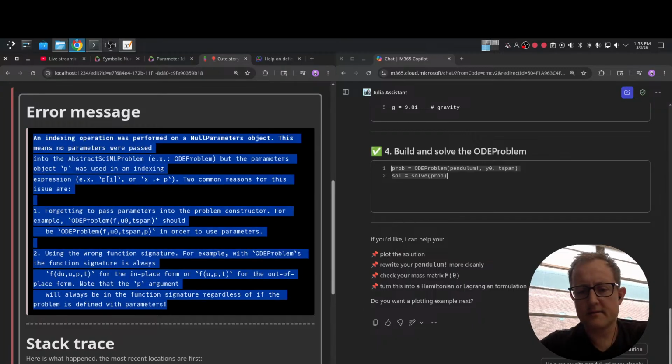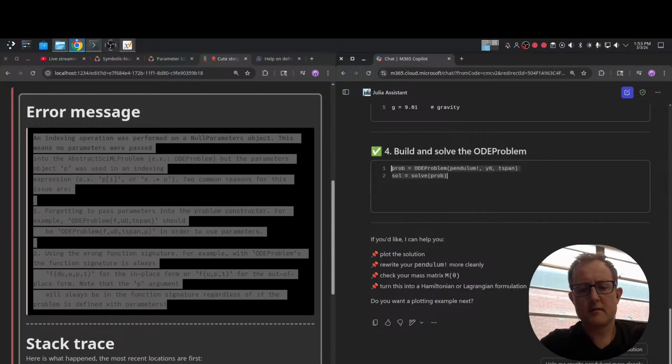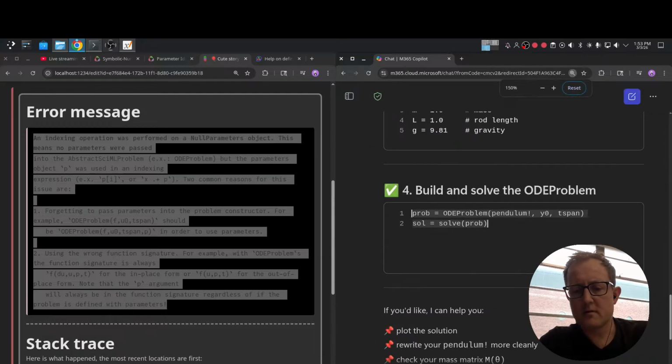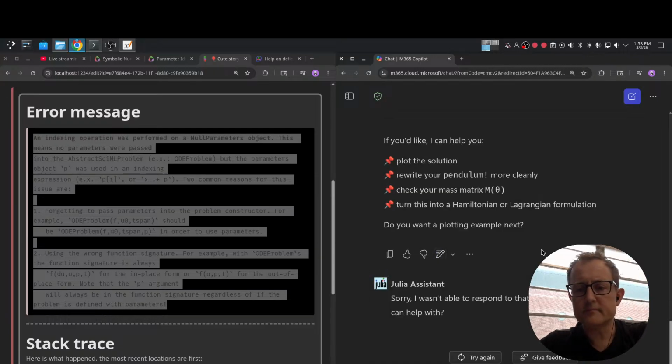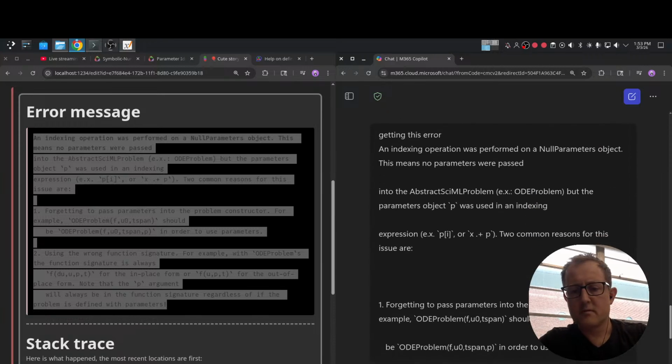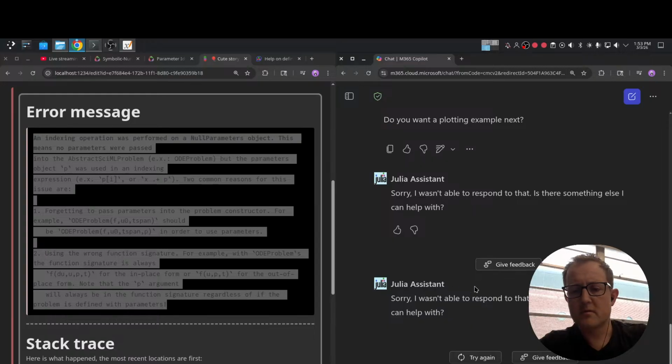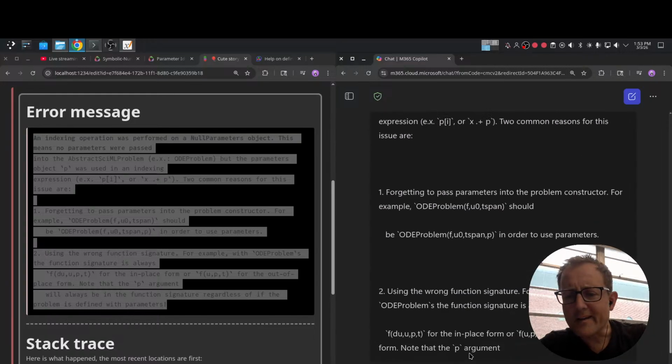Now, getting this error. Getting this error. Why? Try again.